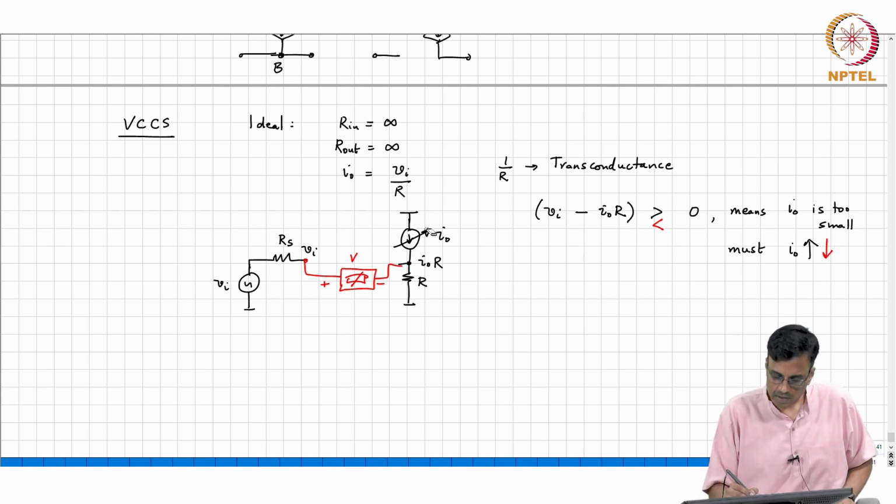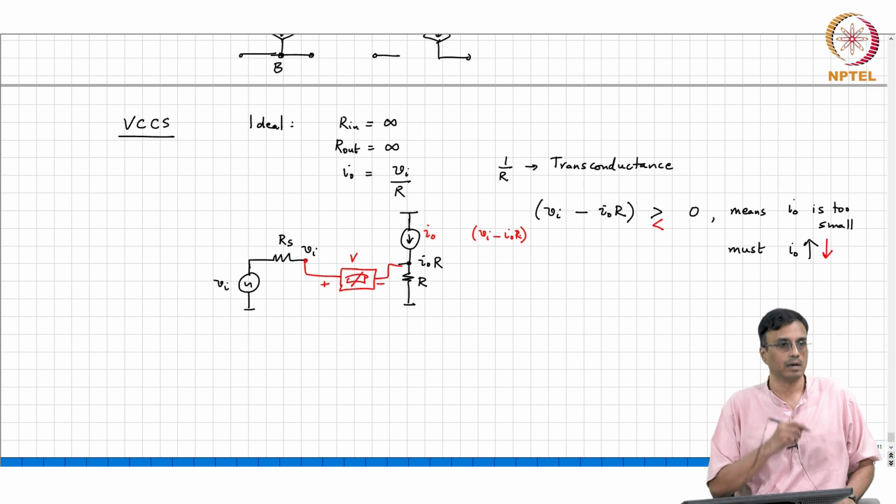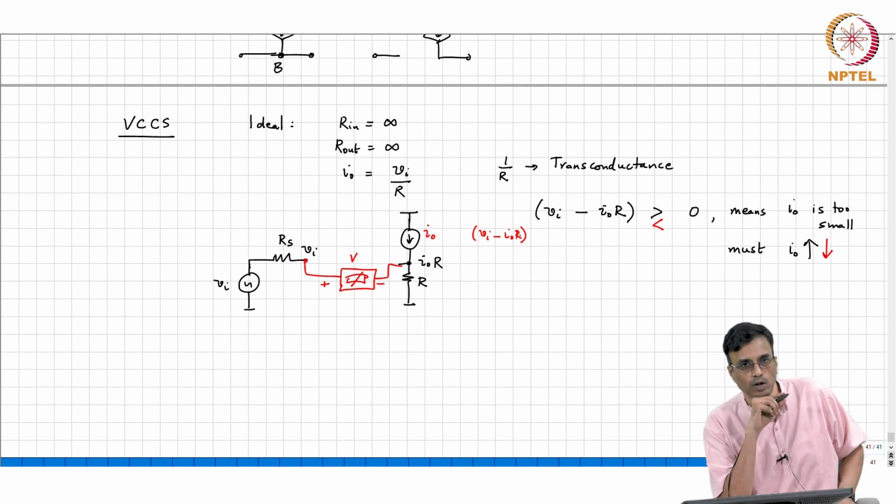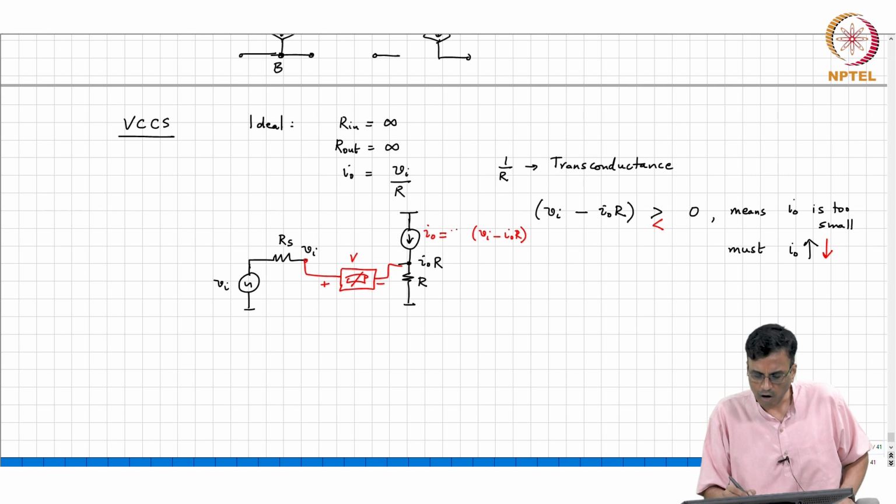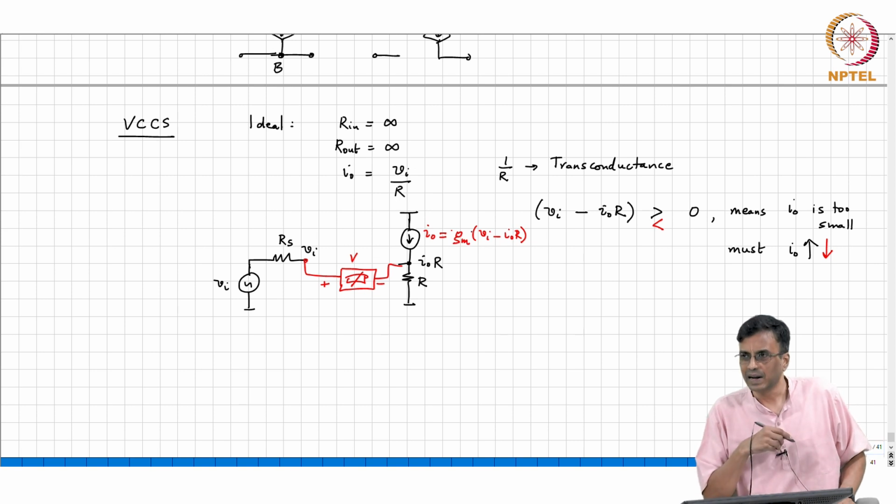So, in other words, I naught is dependent on Vi minus I naught R. The constant of proportionality is a conductance, and how much must that conductance be? Some Gm, and Gm must ideally be, why?